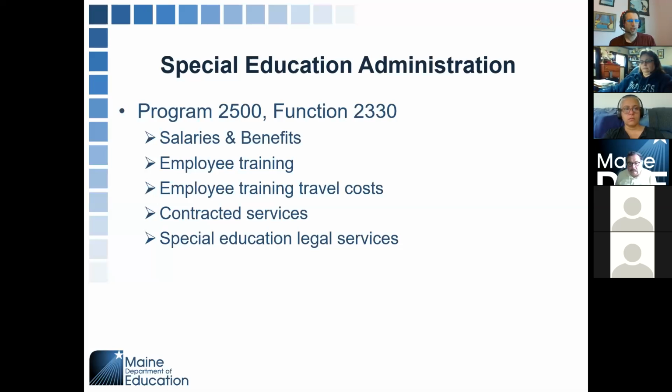If you look at our coding sheet, that particular code is listed right in there, separate from other contracted services. Otherwise, this is very similar to our other special ed services as far as what object codes are counted.